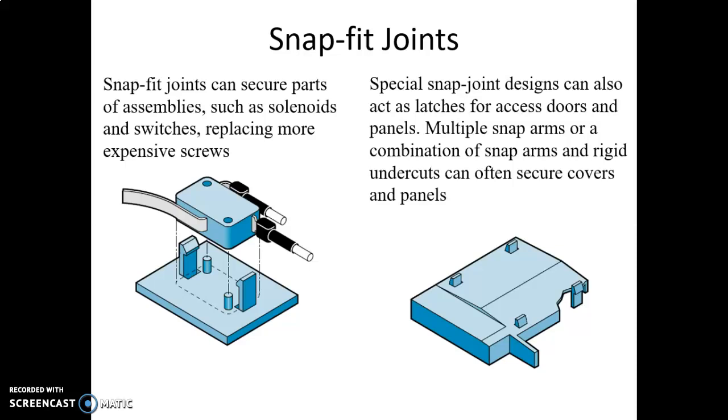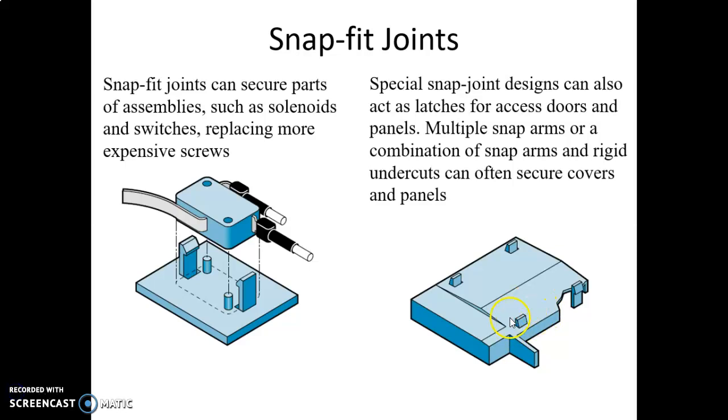Before this, we used latches, which are a metal bar with a catch and lever used for fastening a door or gate. We can replace them by using the snap fit joint. Multiple snap arms or a combination of snap arms and rigid undercut can often secure covers and panels. This is an example of latches.